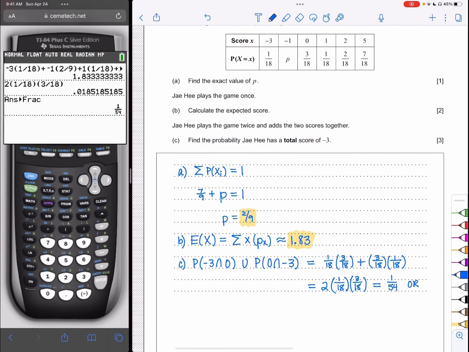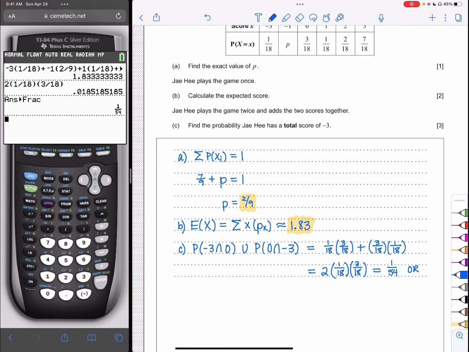Or like I said, if you want to put it as a decimal, that would have been 0.0185 in 3 sig fig. So either one you could have given. Either or would have been fine as your answer.